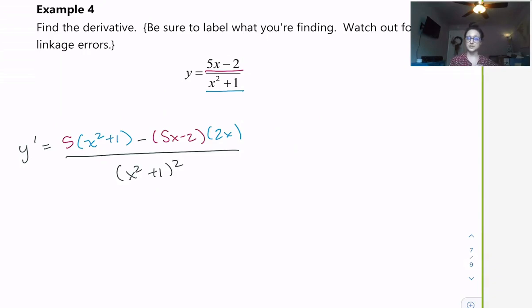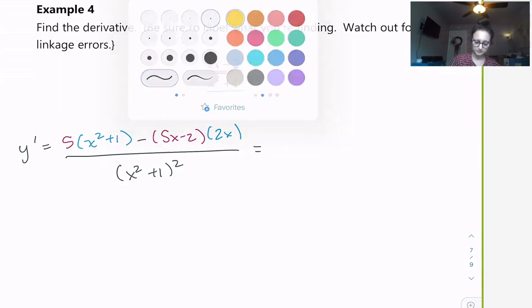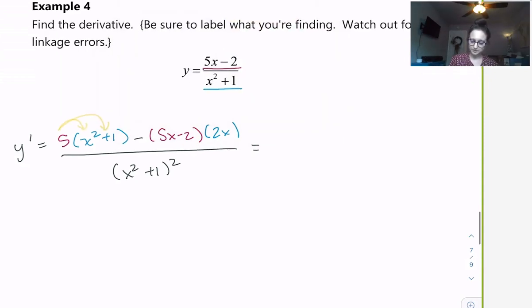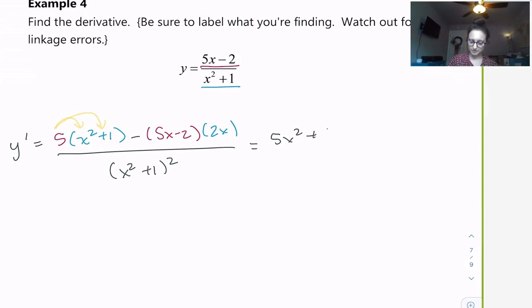Okay, for these, I'd like for you to simplify the numerator, leave the denominator as is, okay? So if I distribute here, I am going to get 5x squared plus 5. Now be really careful with that second part because you have a negative being distributed from this side and the 2x from that side. So think of it as distributing a negative 2x.